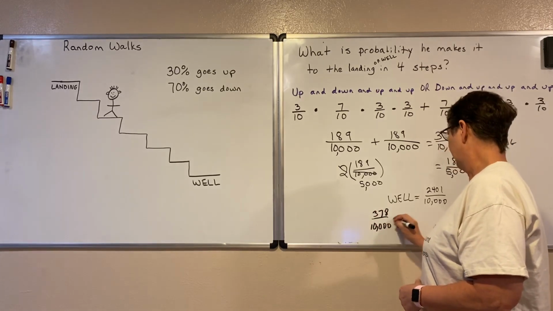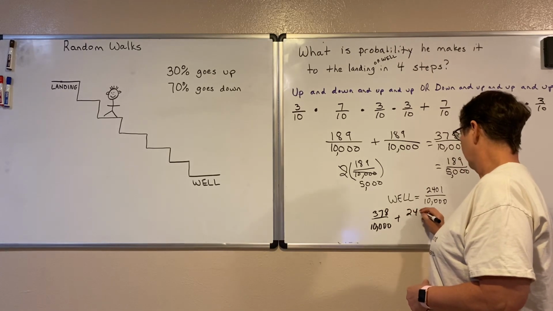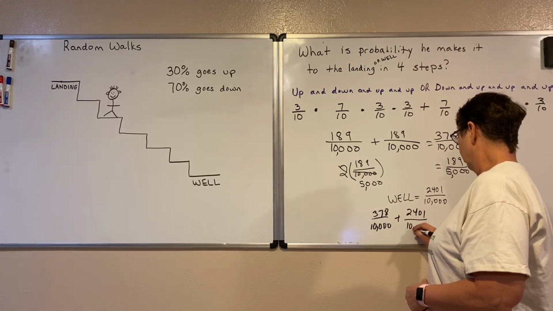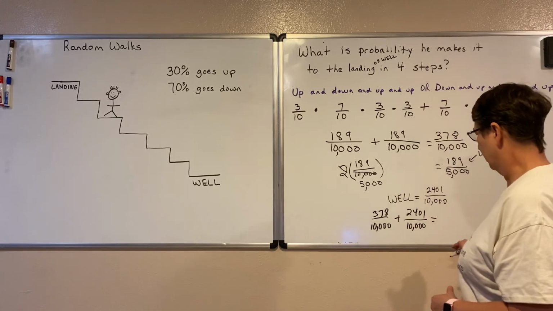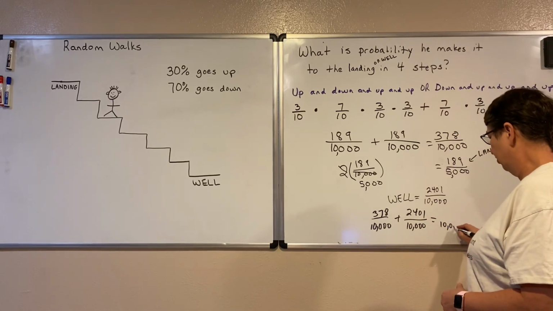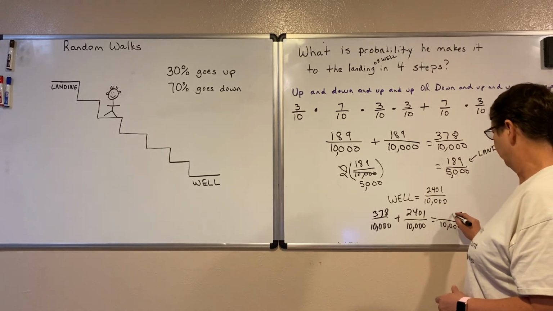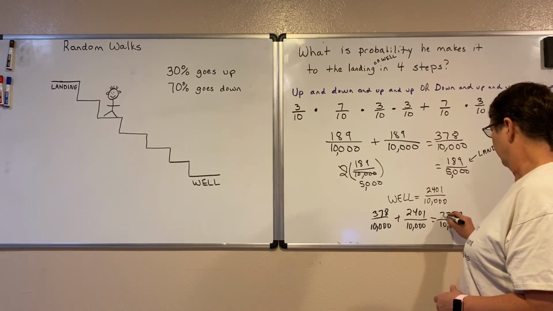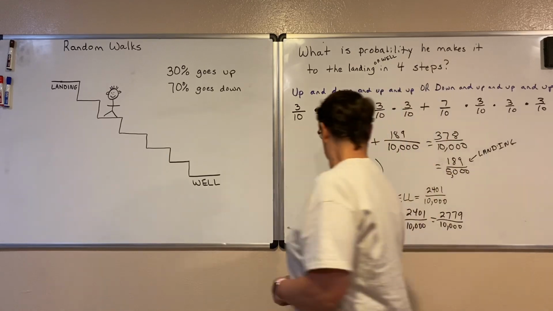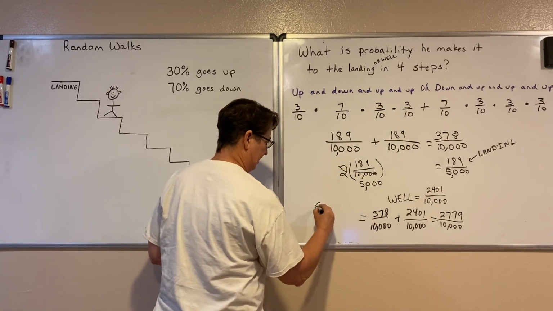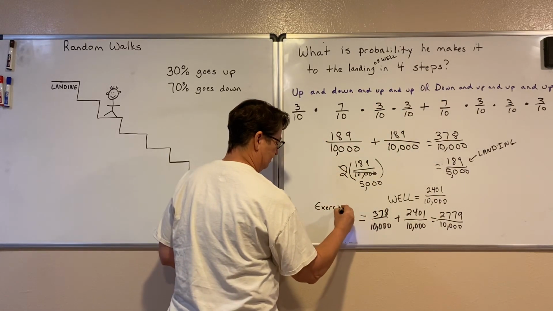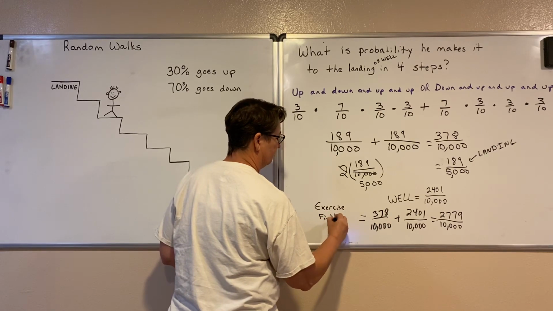You keep your denominator when you're adding fractions, and then you just add your numerators. So there's the probability that his exercise is finished in 4 steps.